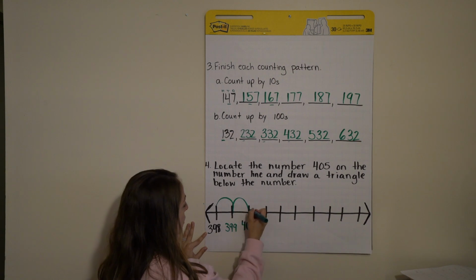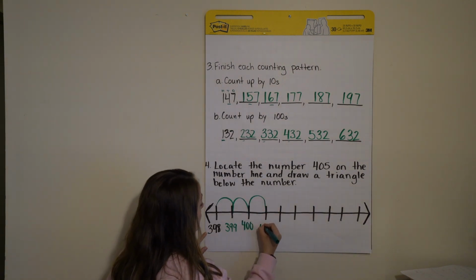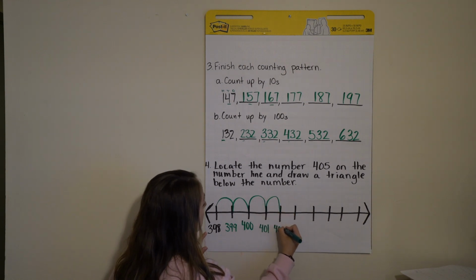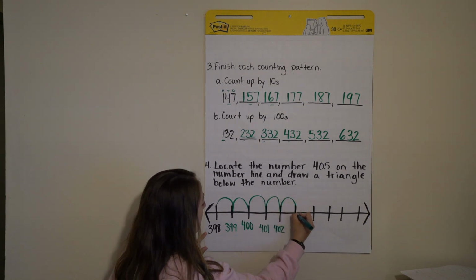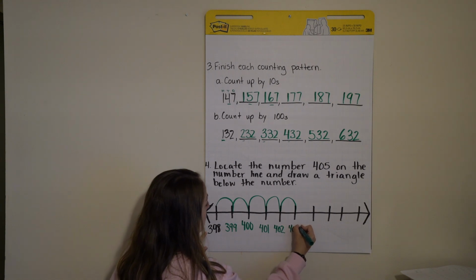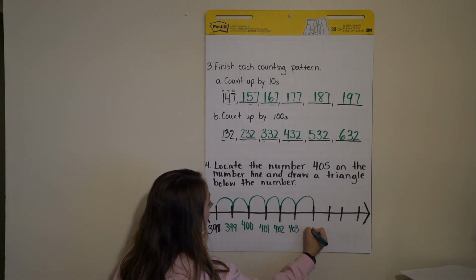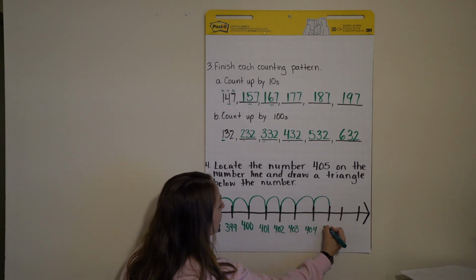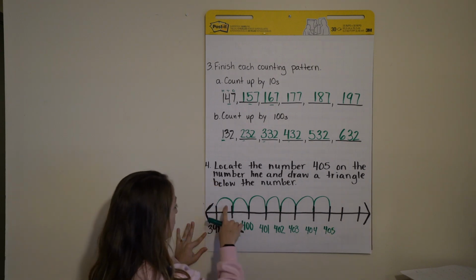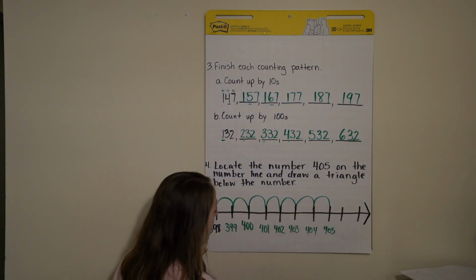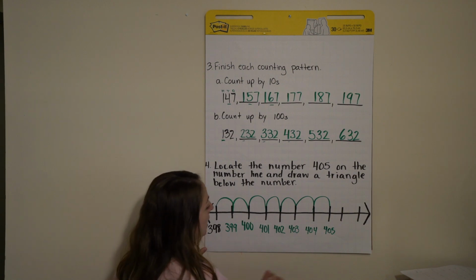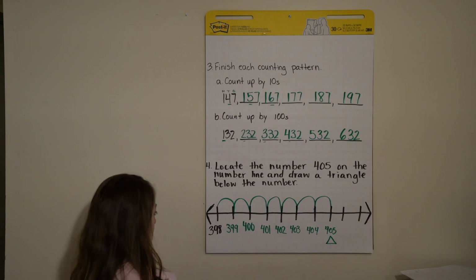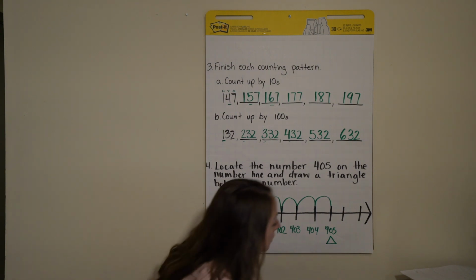Now our ones are only changing. 401, 402, 403, 404, and 405. So it took us 1, 2, 3, 4, 5, 6, 7 hops to get to 405. And now we need to draw our triangle below. And that's our answer. Okay.